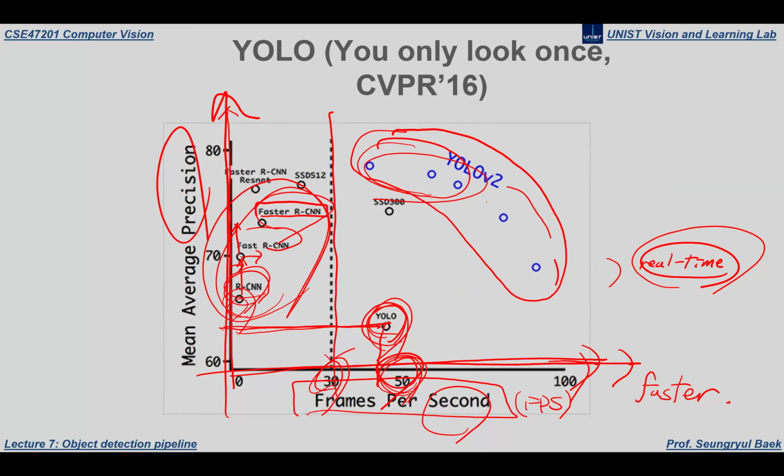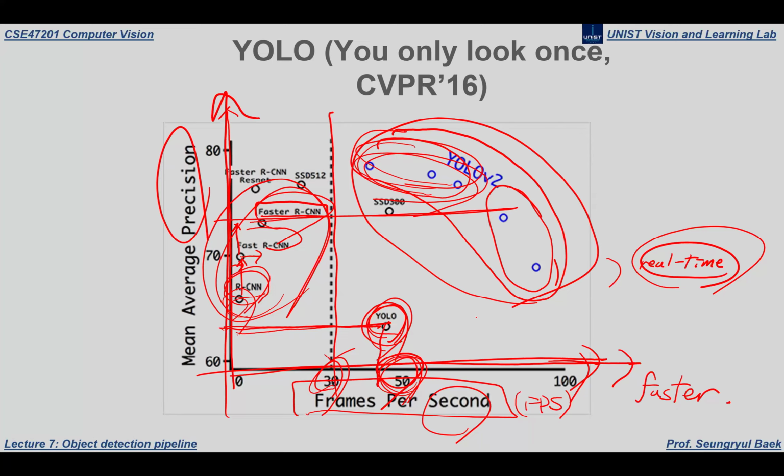Depending on the layers of the CNN, there are multiple algorithms in YOLO version 2. But some variants of YOLO version 2 exceed the performance of Fast RCNN, and they also retain the real-time efficiency. So nowadays, many people are using recent versions of YOLO for object detection.